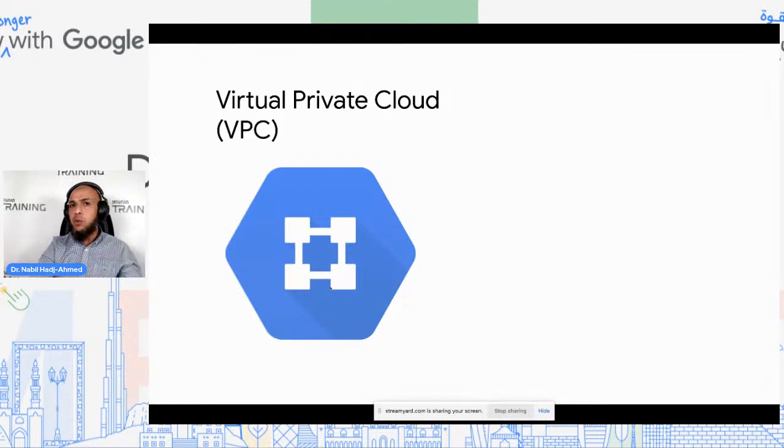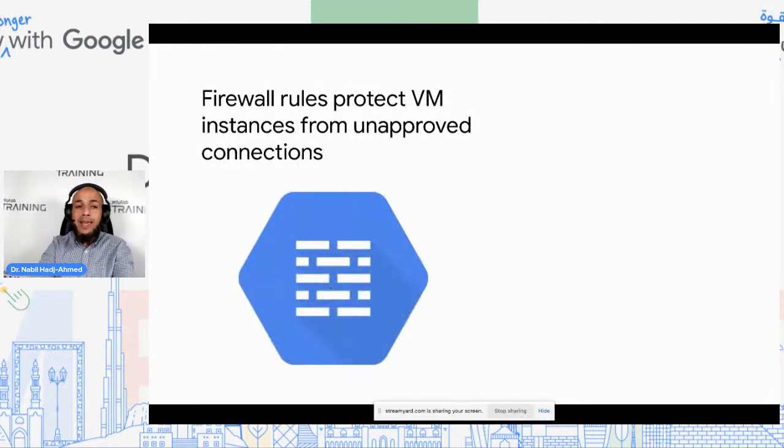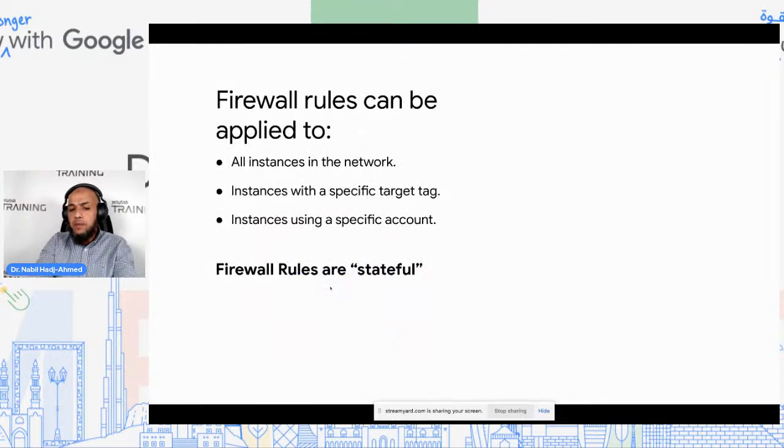And the firewall rules are allocated to networks, and they do apply at the instance level. So even though the firewall rule we created is associated with the network, it does apply to the VMs inside of that network.